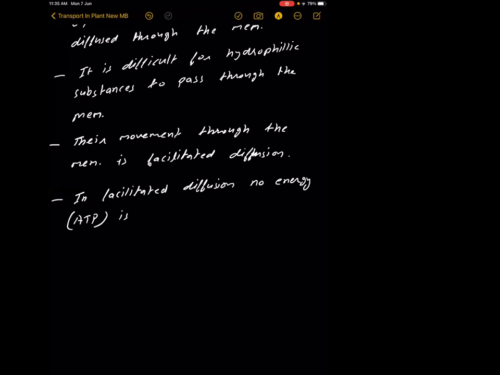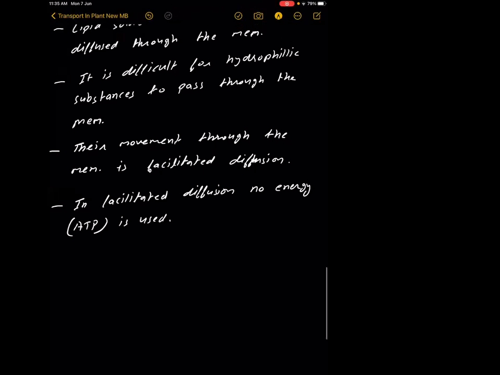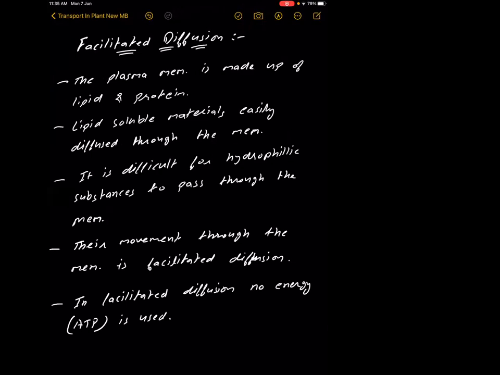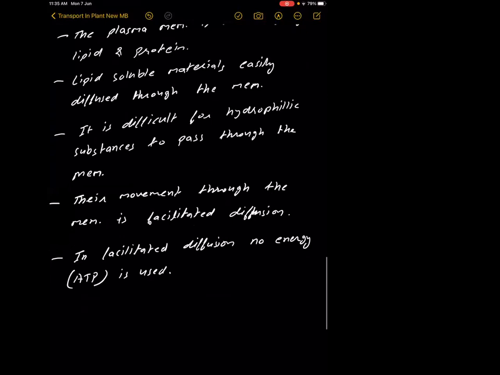So it is passive transport. Yes, it is passive. Like diffusion, but diffusion is the free process. Facilitated diffusion is across the membrane. Here some special proteins are required, and no energy is used.